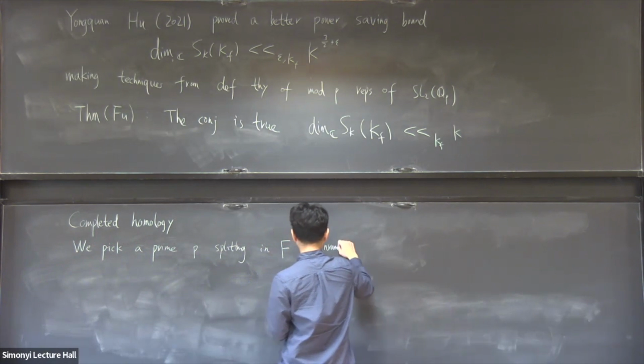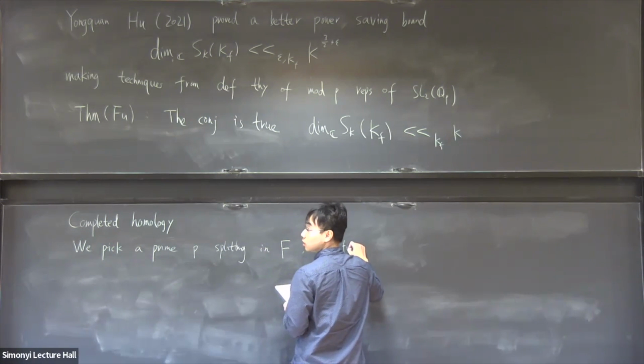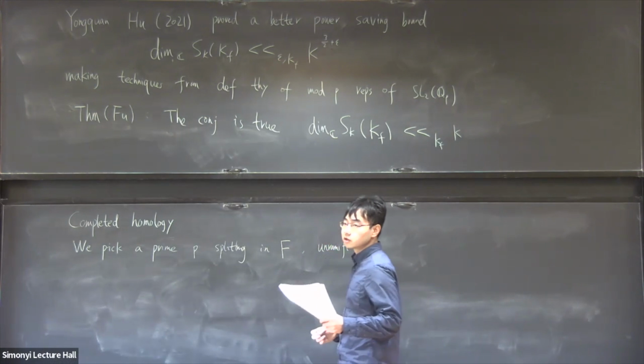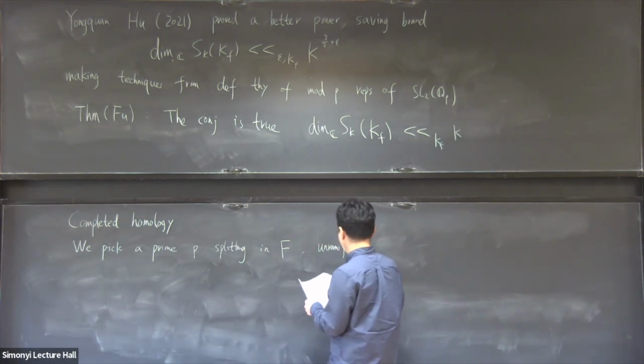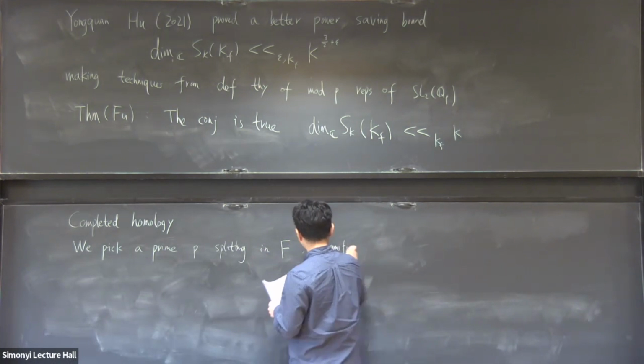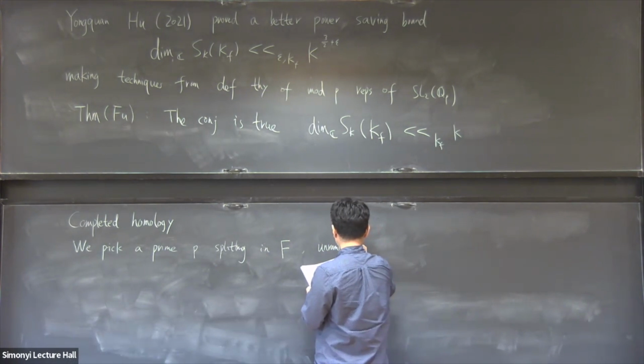In your proof, K is going to infinity. This P is an auxiliary prime, which I choose with some property.